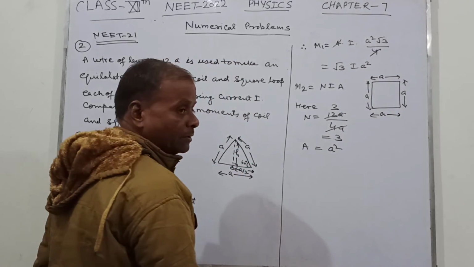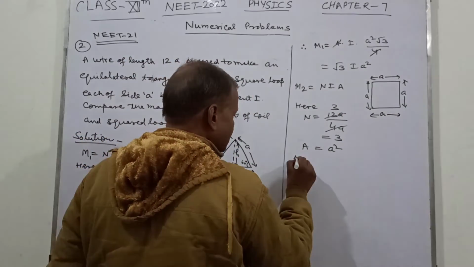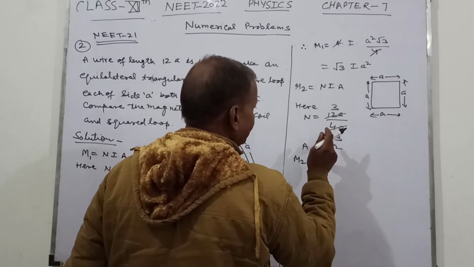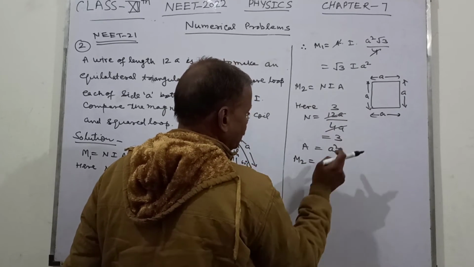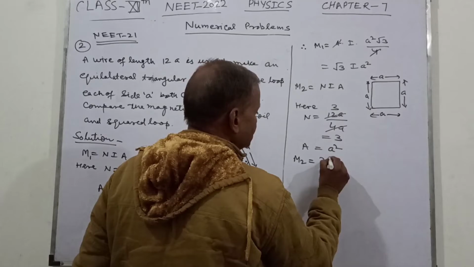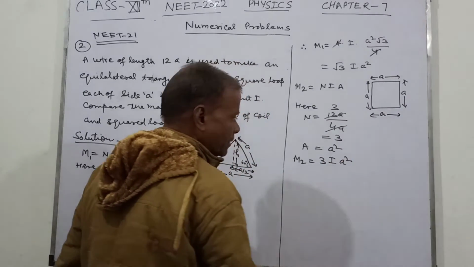The area of this one is A square. So M2 equals, in place of N we write 3, this is your I, and this is A square.